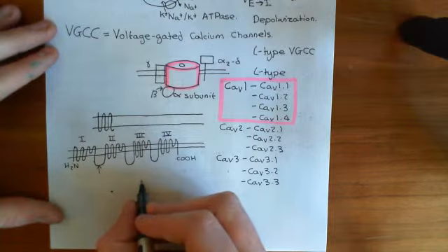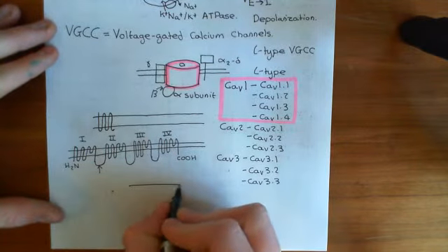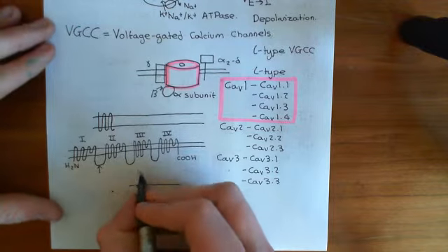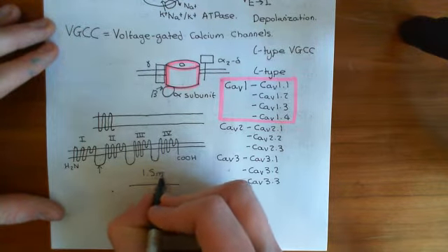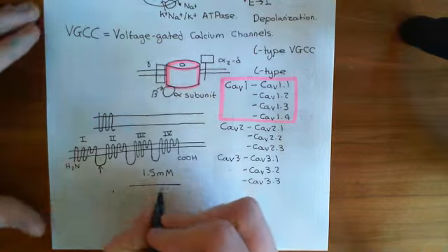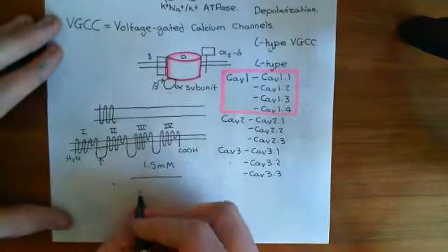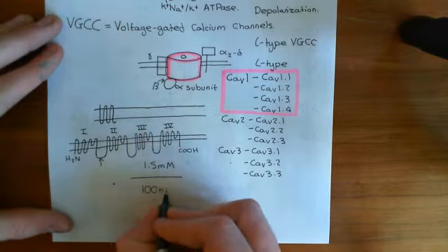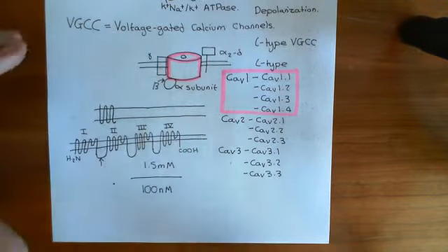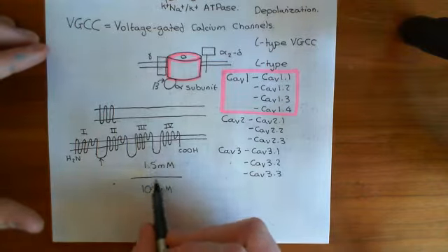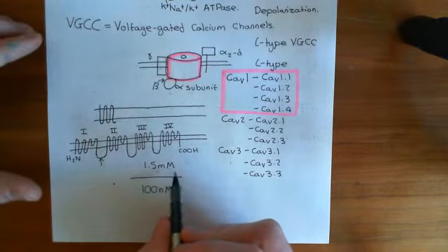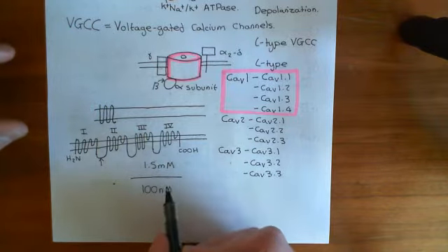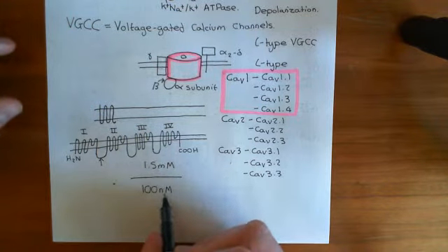The concentration of calcium extracellularly is around 1.5 millimolar, which looks pathetic compared to, for instance, the sodium concentration extracellularly. But then let's look at the concentration of calcium intracellularly. It's around 100 nanomolar. That means that the concentration extracellularly is 15,000 times bigger than the concentration cytoplasmically.